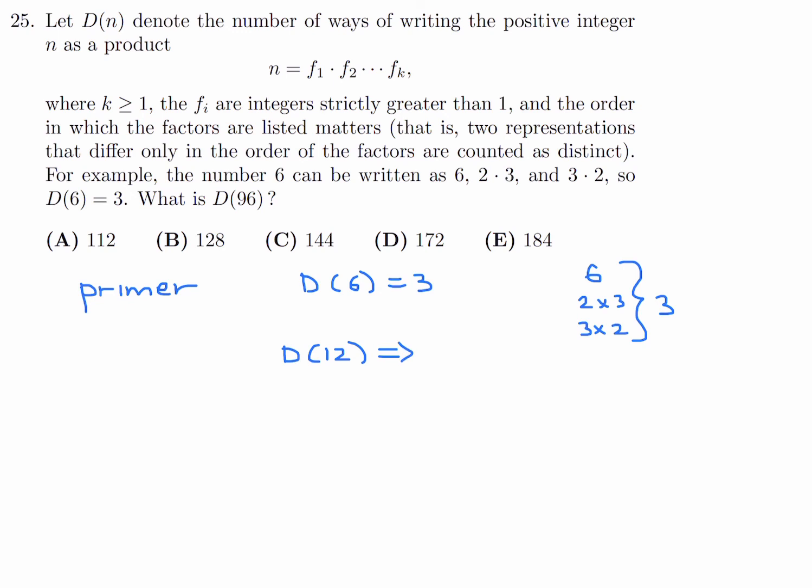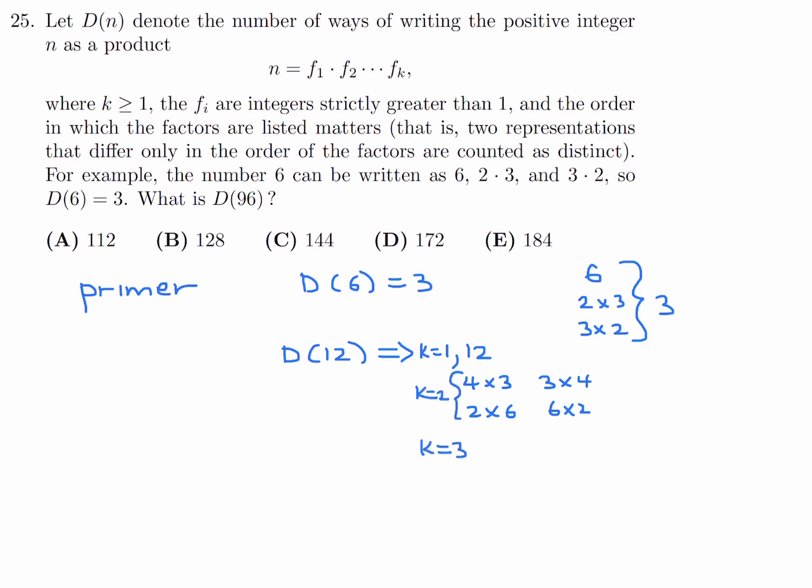It can be either 12 by itself, or it can be 4 times 3, 3 times 4, 2 times 6, 6 times 2, and I think that exhausts when k is 2. When k is 1, it's just 12 by itself, but when k is 2, I think these are the only 4.